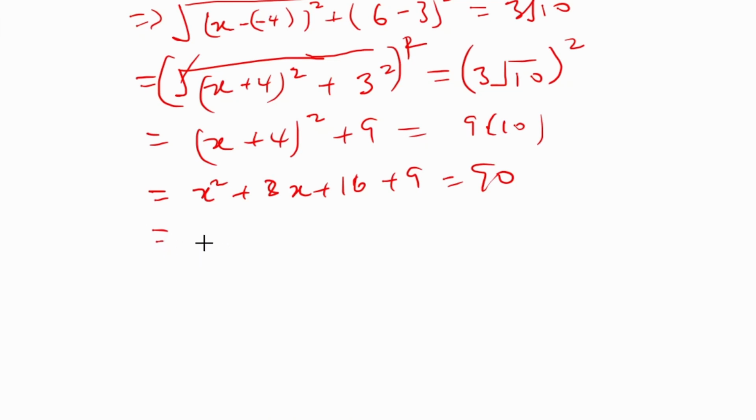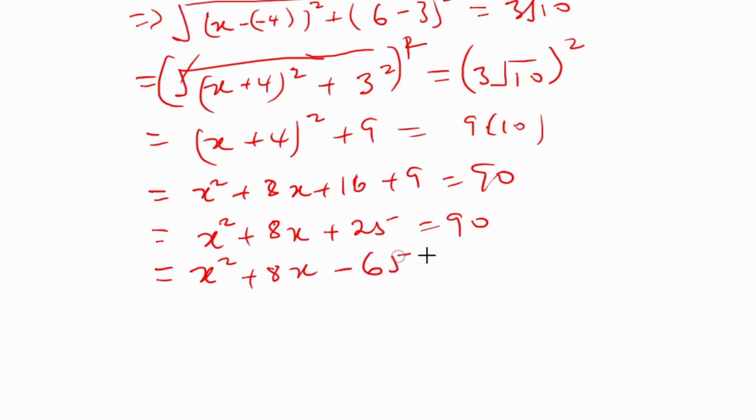We continue to simplify to get x squared plus 8x plus 25 equals 90. Then regrouping, we're going to have x squared plus 8x, 25 minus 90 will give us -65, equals 0. By factoring this, we are looking for 2 factors of -65 that will give us 8, and those are negative 5 and 13.